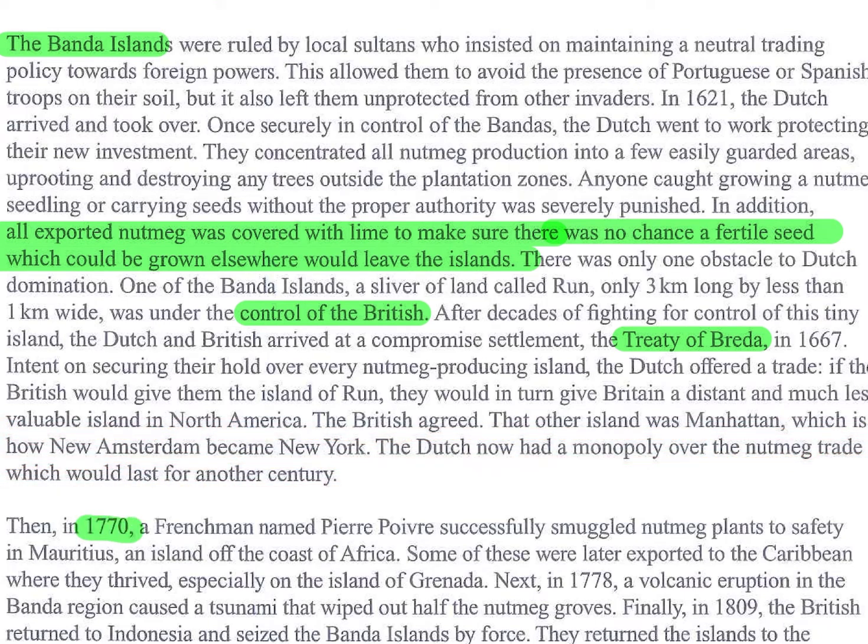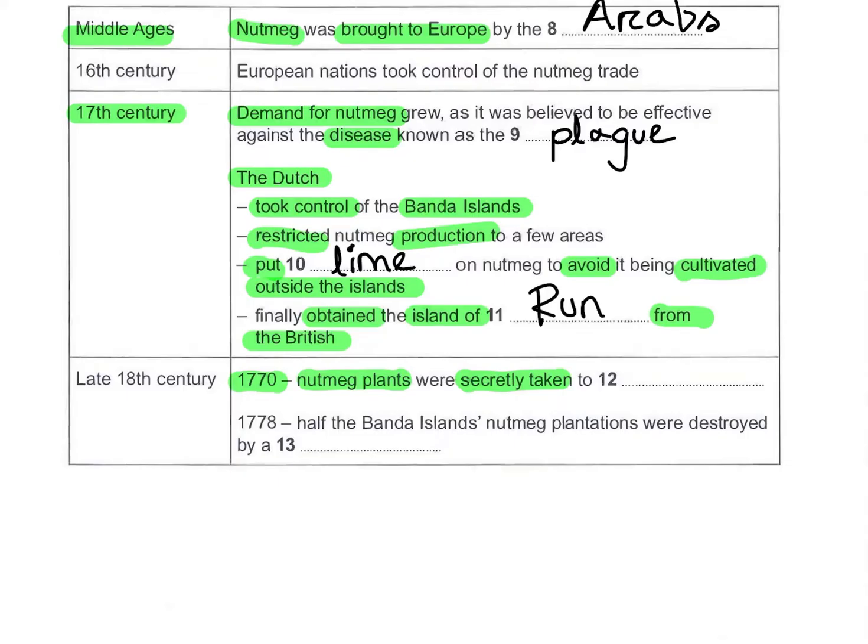So we got 1770. So here we can see the word smuggled, nutmeg plants in Mauritius. So the answer is Mauritius. In 1770 nutmeg plants were secretly taken to Mauritius.